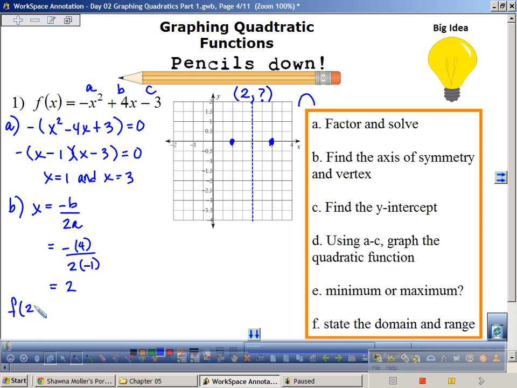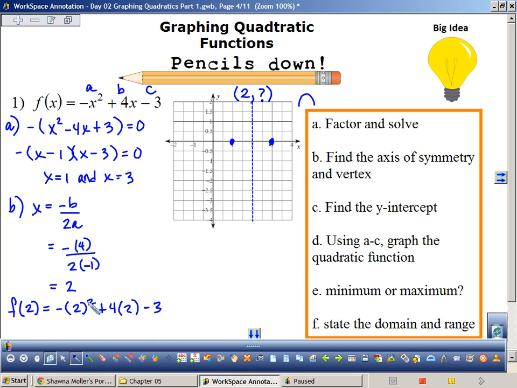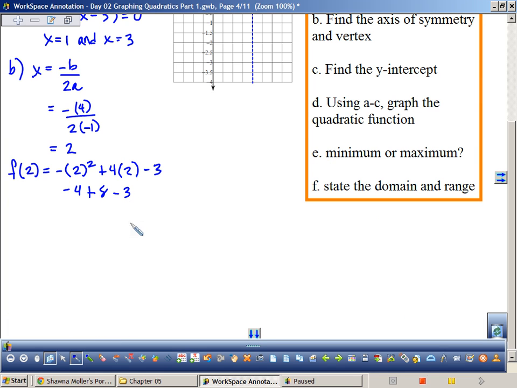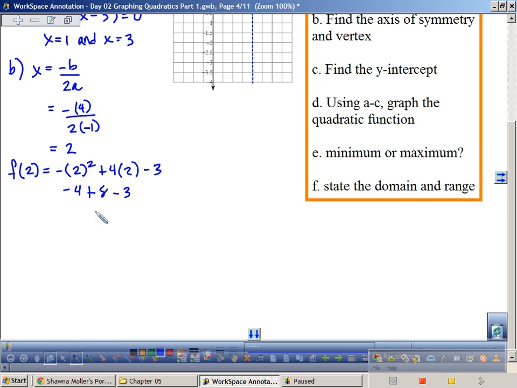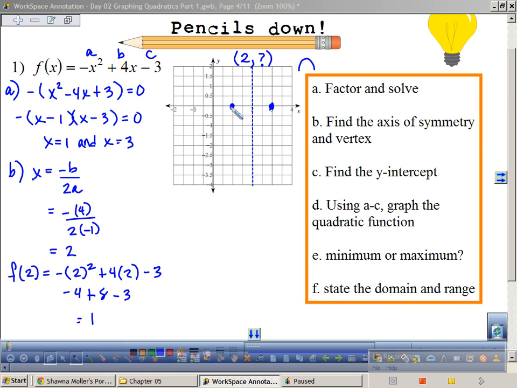The function of 2 equals negative 2 squared, I'm using that original equation right there, plus 4 times 2 minus 3. 2 squared is 4, so this is negative 4 plus 8 minus 3. Negative 4 and positive 8 is positive 4, and minus 3 is 1. So my vertex is (2, 1).